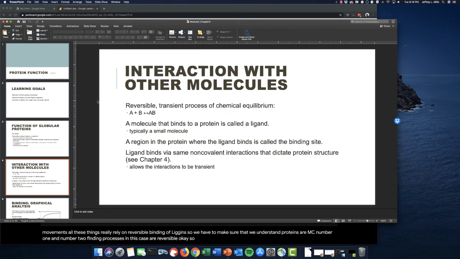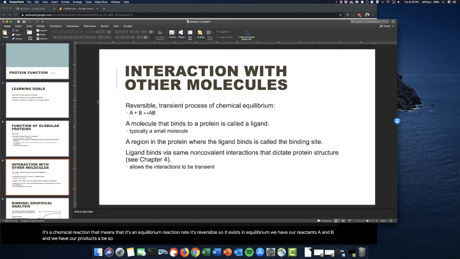So let's set up our system first. We have a reversible transient process. It's a chemical reaction. That means that it's an equilibrium reaction, right? It's reversible, so it exists in equilibrium. We have our reactants, A and B, and we have our products, AB.